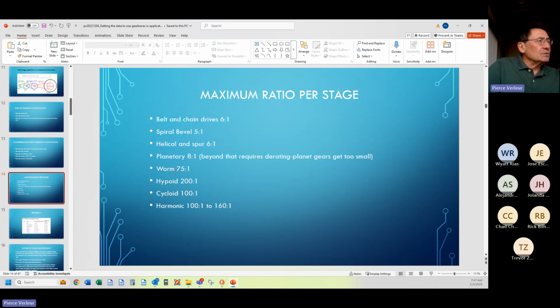You have a similar issue with spiral bevel. And when I show you the geometries of the gearboxes, if we have time today, you'll see what I mean by that. These ratios are on the positive side of the point of diminishing returns. A lot of companies sell 10-to-1 planetaries, but you have to derate them so much that they're almost as costly as using a 2-stage planetary with appropriate ratings and avoiding the heavy derating.